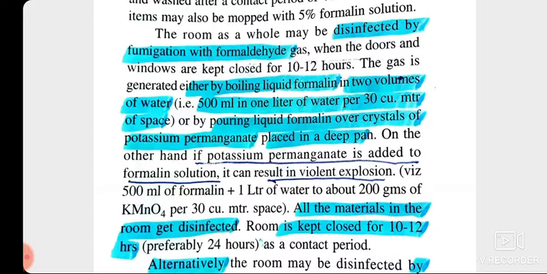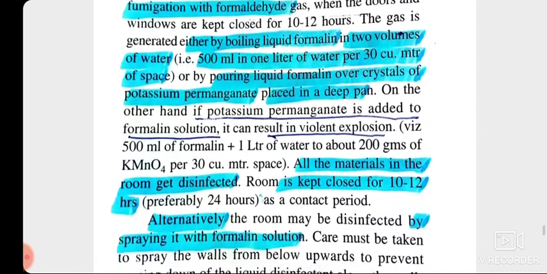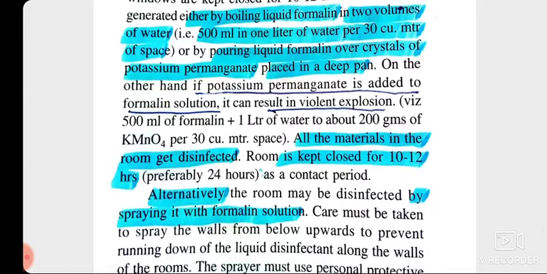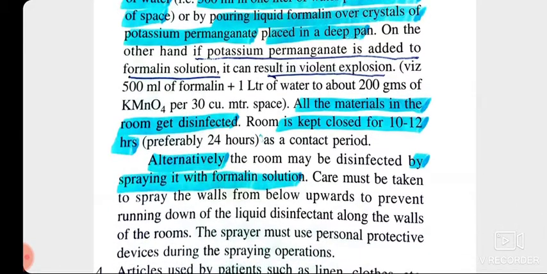We have to use it with caution, and the proper way to use formalin for fumigating the operation theaters is to pour the formalin over the crystals. All the materials in the room get disinfected with this procedure, and the room is kept closed for 10 to 12 hours, preferably 24 hours, as a contact period.